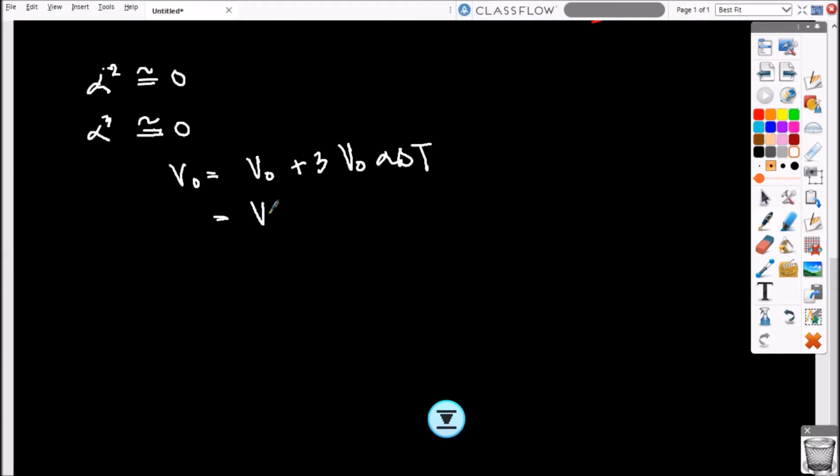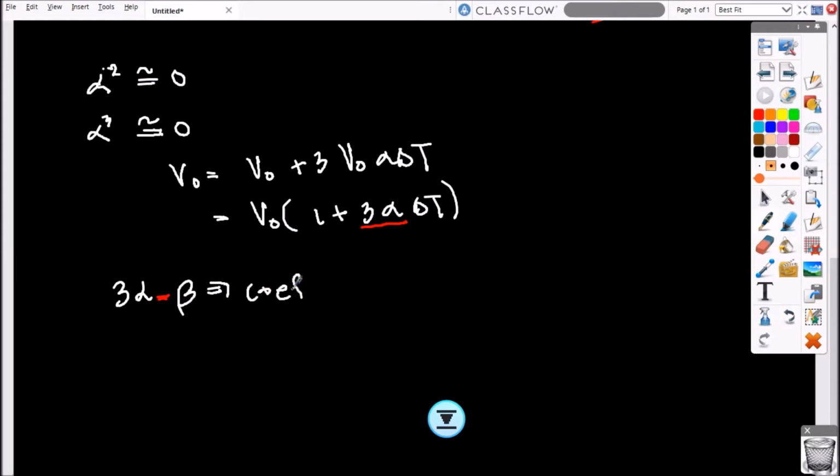So let us factor this. You have V of O times 1 plus 3 alpha delta T. Alright, 3 alpha here, this one, 3 alpha, I'll make that as beta. 3 alpha equals beta, and that is what we call the coefficient of volume thermal expansion.